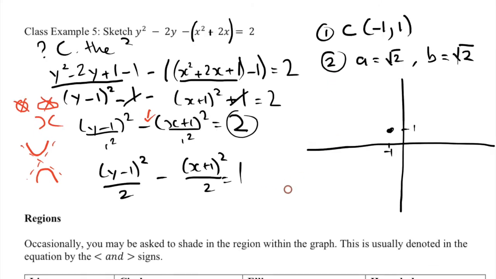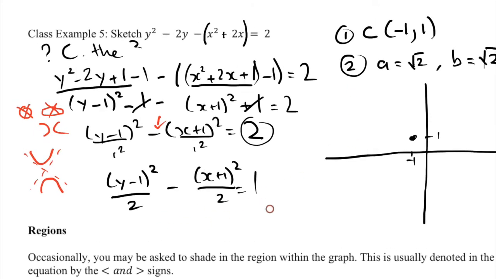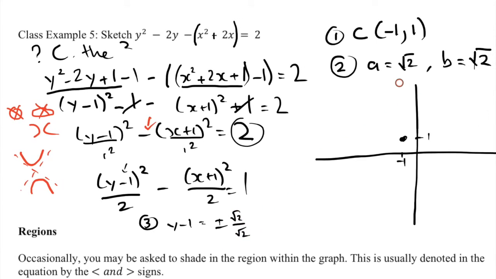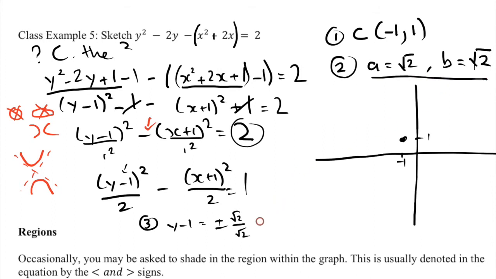I'll just expand it over here so I can write more. Step number 3, to get our asymptote, we go y minus 1, so always y plus minus k, doesn't matter whatever is inside the bracket, equals plus minus b over a. In this case, b is root 2, a is root 2, like we have over here, and multiply by x plus 1.